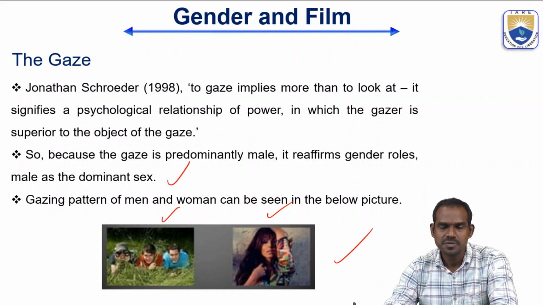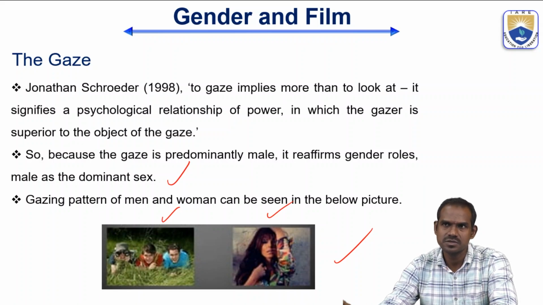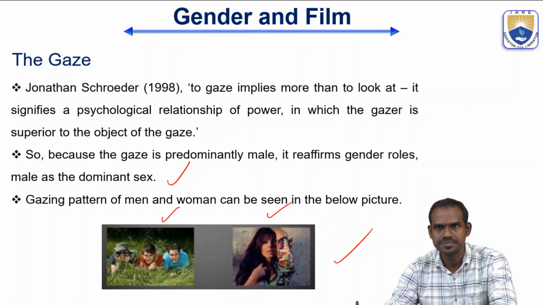But as I said, if gender sensitization is achieved to 100%, then both will get roles with equal priority. Nowadays also both are getting equal priority because gender sensitization has been achieved to almost 75%. When the remaining 25% is achieved, then both will play equal roles.